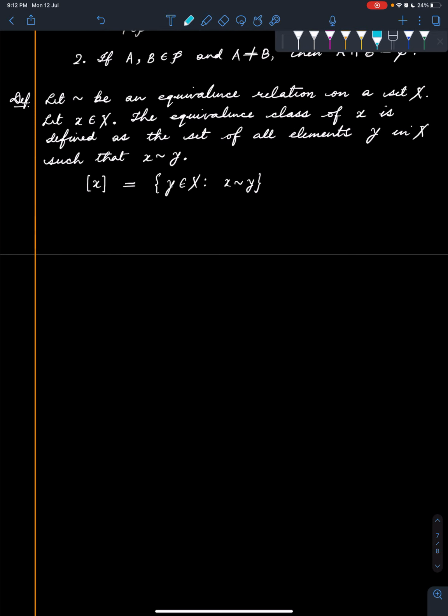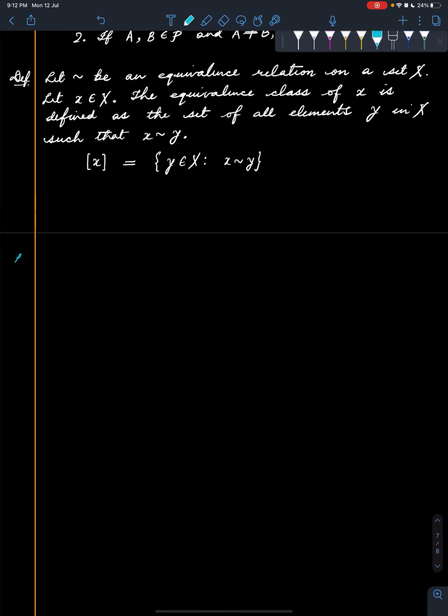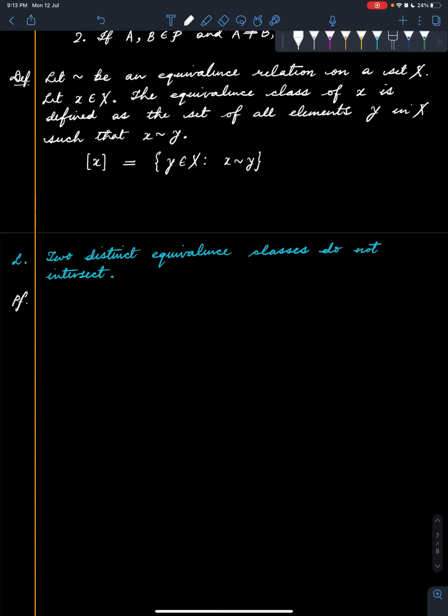So here is the lemma. Two distinct equivalence classes do not intersect. So here is how we'll do it.